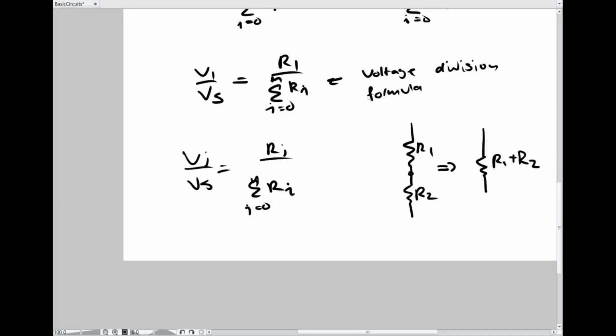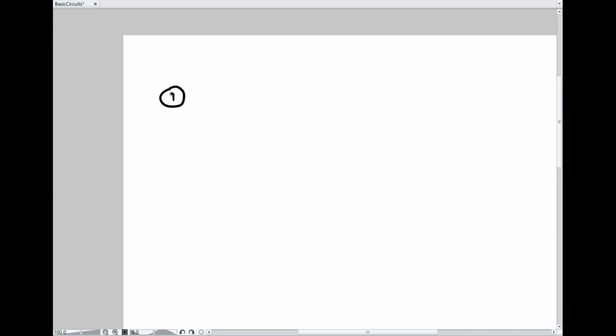Okay, so let's go on to current division. So say I have this sort of dual circuit, similar in concept to my previous circuit. That is, I have a bunch of resistors connected in parallel, and I have as many as I want.